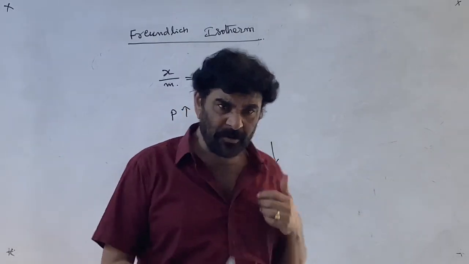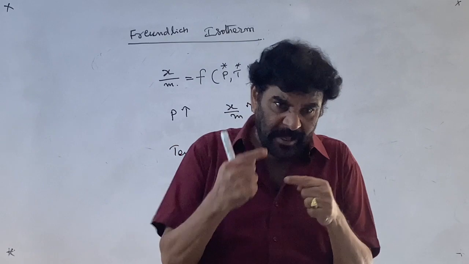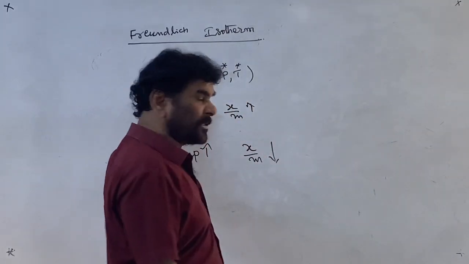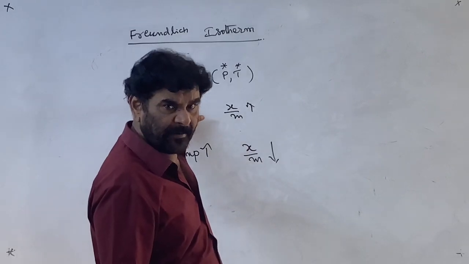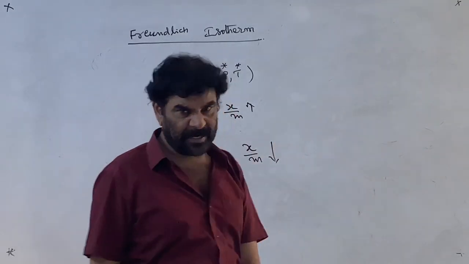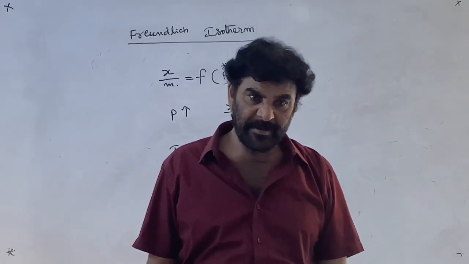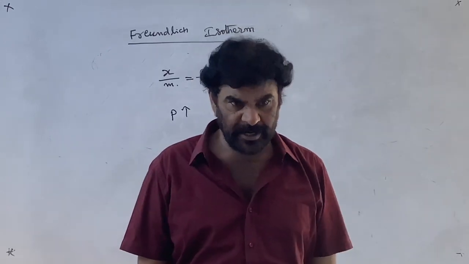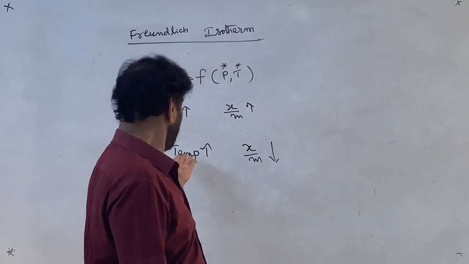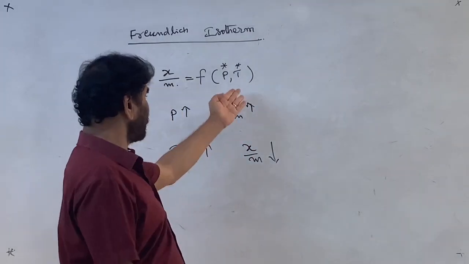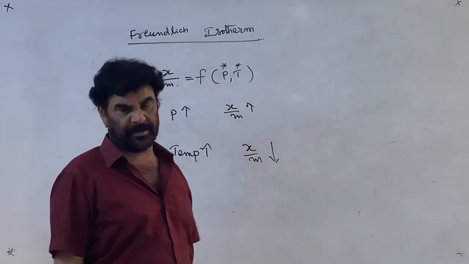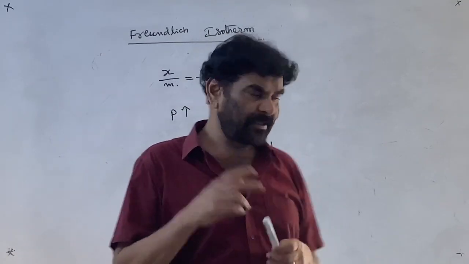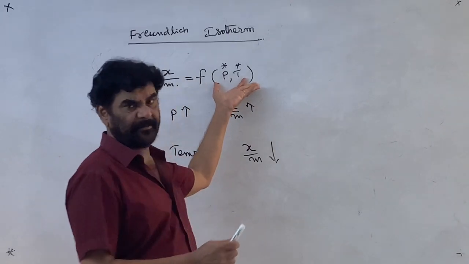Therefore, we have to study independently the effect of one parameter, pressure, on the extent of adsorption by keeping the other parameter, temperature, constant. In the other way, the extent of adsorption can be studied against temperature by keeping the pressure constant. These are the two variables.